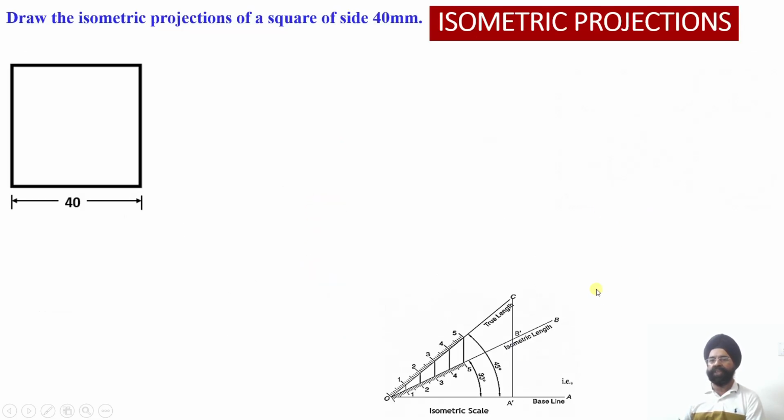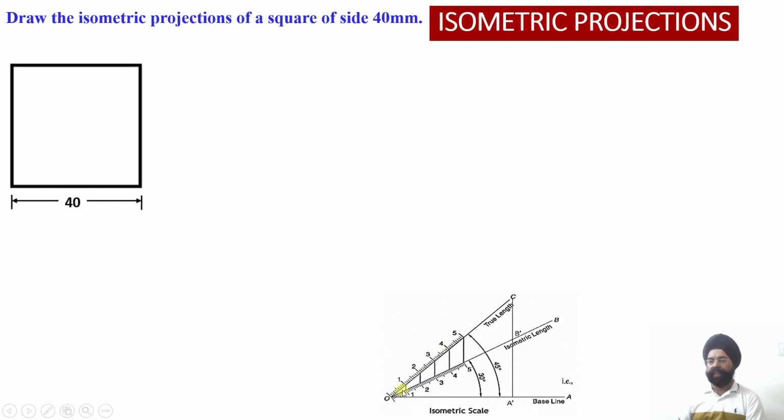So let us see the procedure of construction of the isometric projections of a square of edge 40 millimeter. So you see this is my square, right? Both the edges are equal to 40 millimeters. Step 1, I will be going for the construction of the isometric scale. Once I construct the isometric scale, I'll mark this 40 millimeter over here.